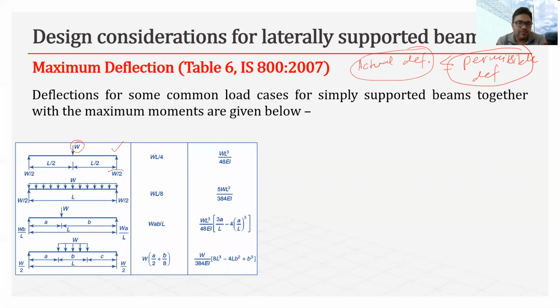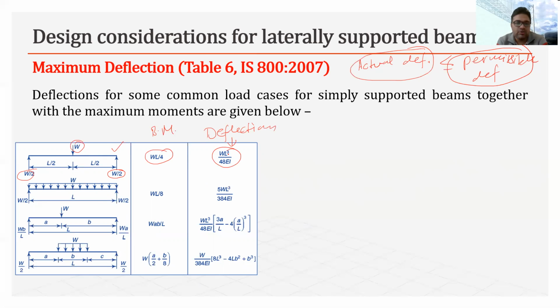The support reaction will be W by 2, and the bending moment will be WL by 4. This is the formula for deflection: in this case, deflection would be WL cubed by 48 EI.